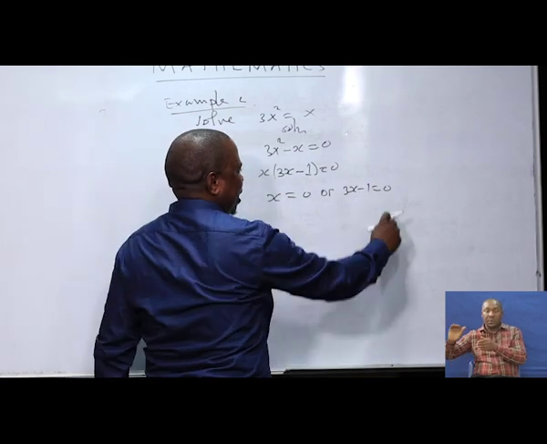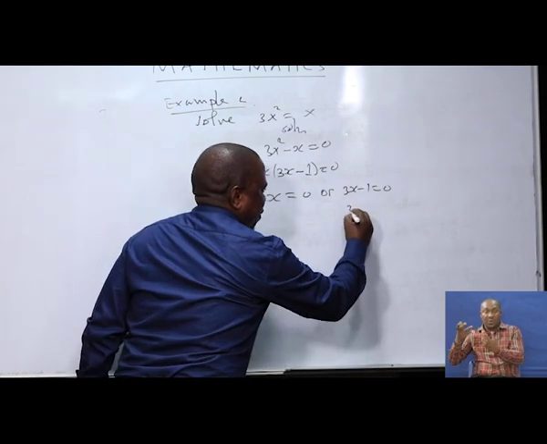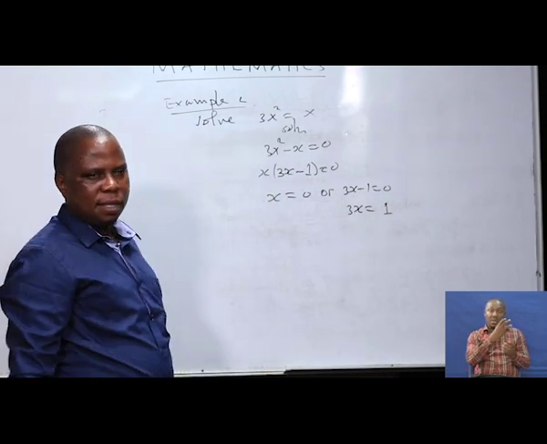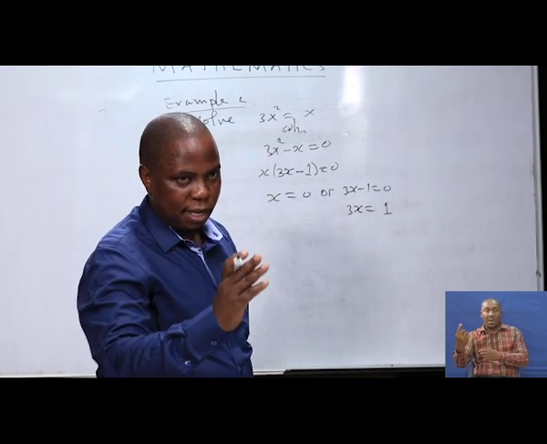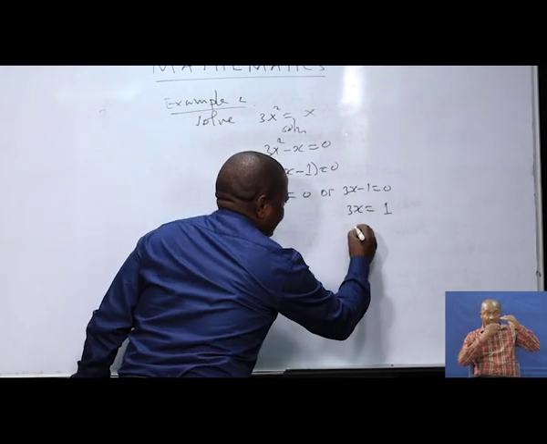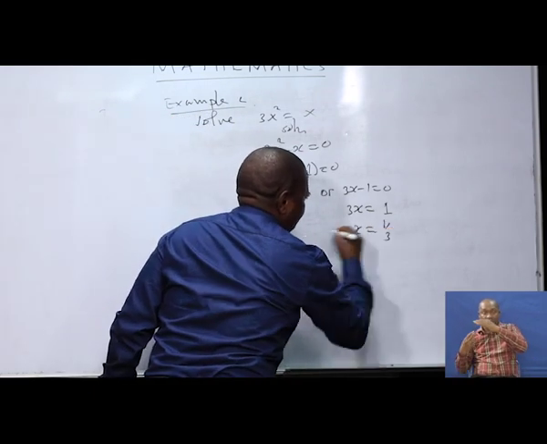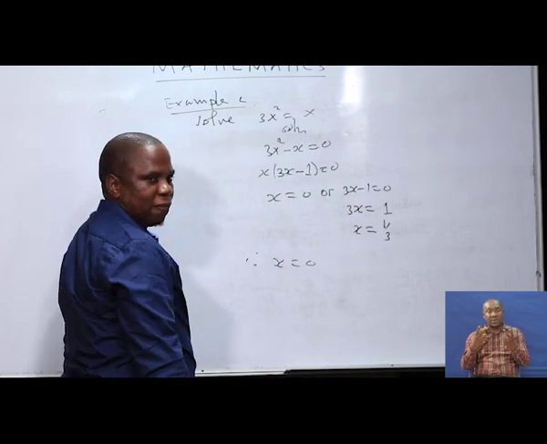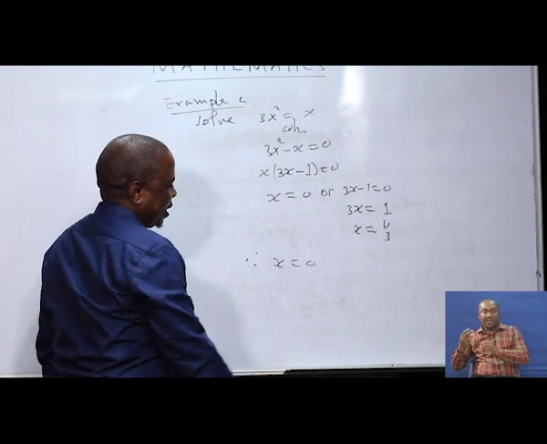Upon taking the 1 to the right-hand side here, you will have 3x is equal to 1. I want to remain with x. What do I do? Yes, divide by 3 throughout. Here you will have x is equal to 1 over 3. Therefore, x is equal to 0. That's one of the solutions.